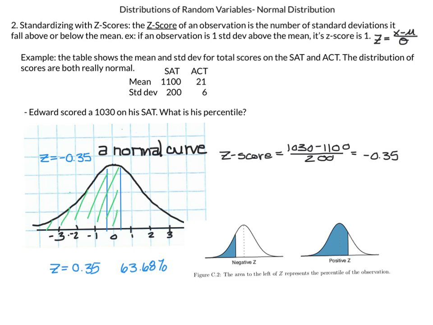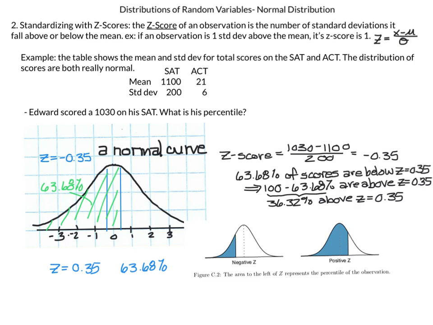This part in green is 63.68%. So I have that written here. The 63.68% of scores are below the z-score of positive 0.35, which means 100% minus the 63.68% are above the z-score of 0.35. This 100 minus 63.68, that's 36.32 above 0.35. And I'm going to shade this area in yellow here.